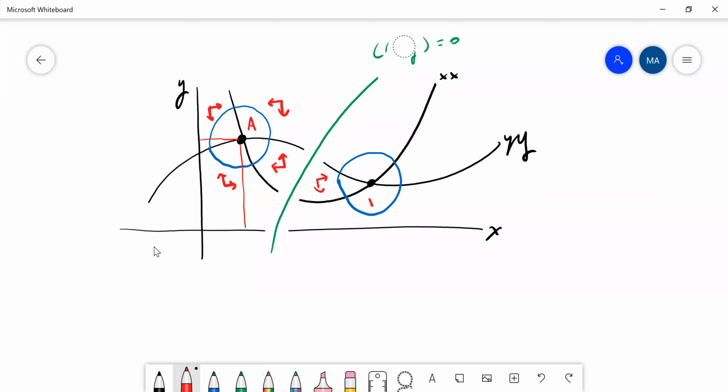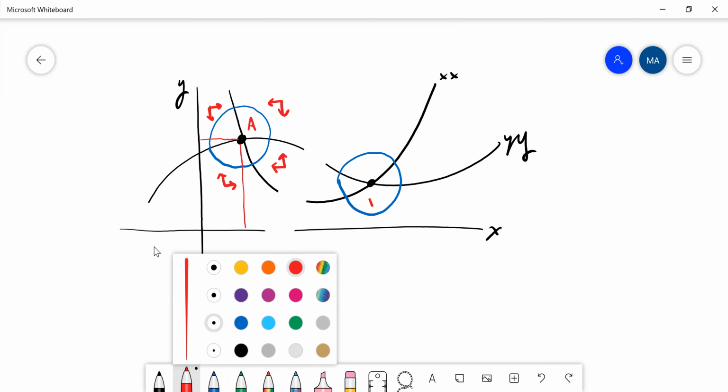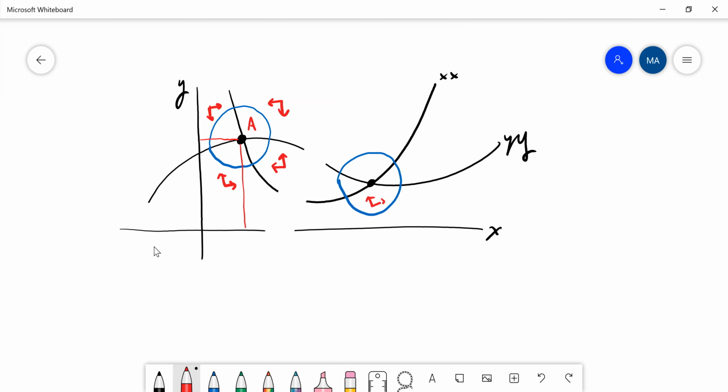You can tell me that this is like this, so then it looks like a saddle, and here it is a stable node. But if the deviation is too large, then it is not possible to talk about global stability.